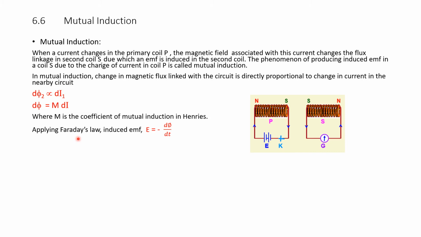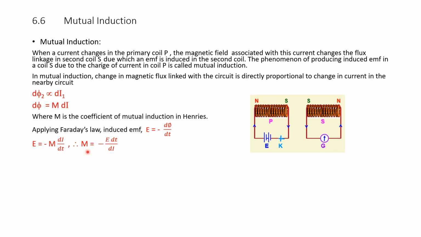Applying Faraday's law of induction, the induced EMF is equal to minus d phi by dt. Therefore, we can write E as minus M d phi by dt, that is minus M dI by dt, because flux is directly proportional to the current.